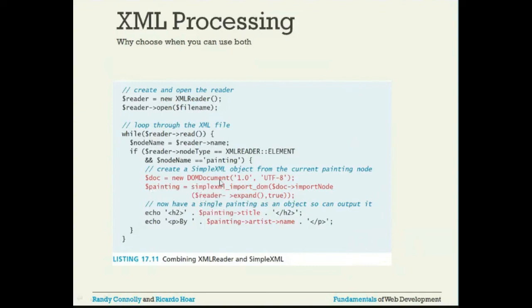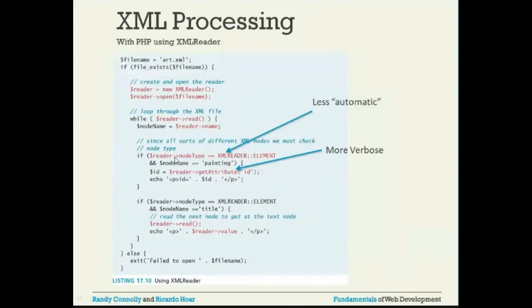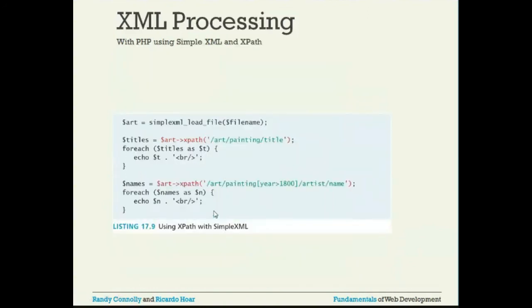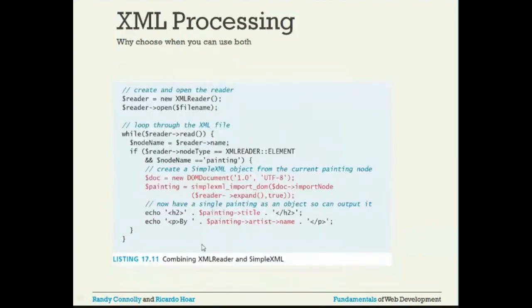By using this part of the code, we are avoiding these if conditions. We have to check every time whether it's a painting, whether it's a title, and we have to do a lot of those things. To avoid that, you can use the SimpleXML object. So once you come inside the painting, you get the complete structure, and whatever is required, you are going to display.